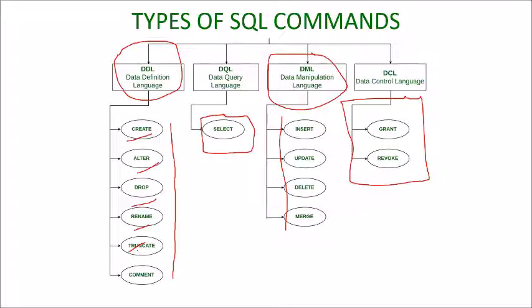If we want to give privileges to a particular user, read, write, and update, these privileges we can give using the grant command, and revoke can be used to revoke the privileges from the user. So these are not in your syllabus, but still just for your knowledge I'm telling you that grant and revoke can be used for various privileges on database objects.